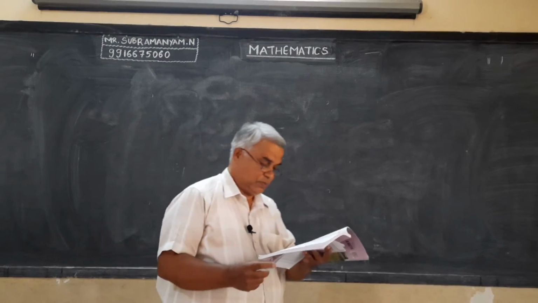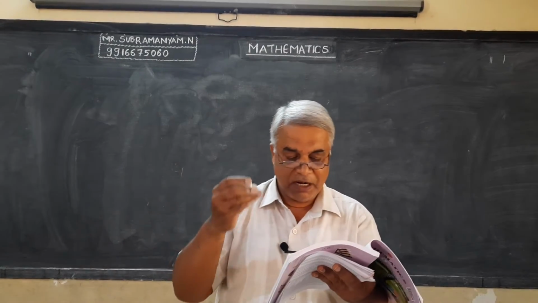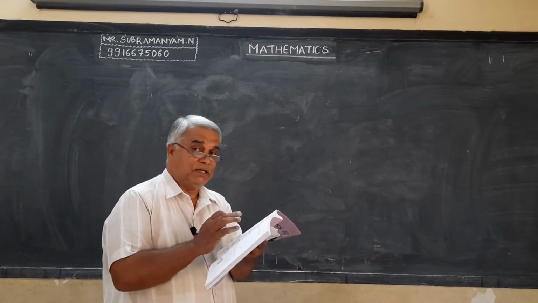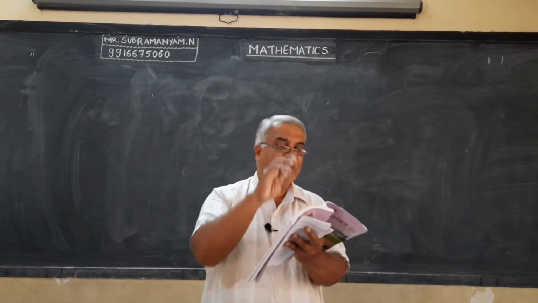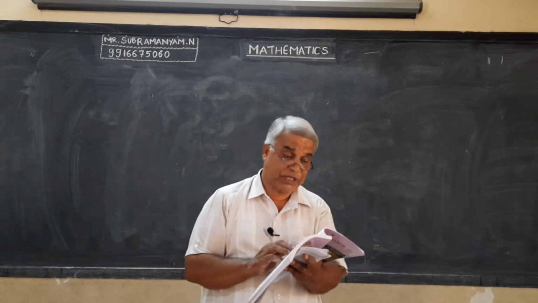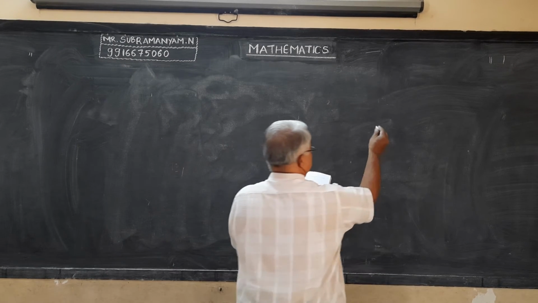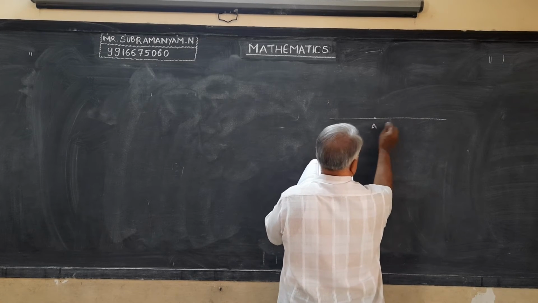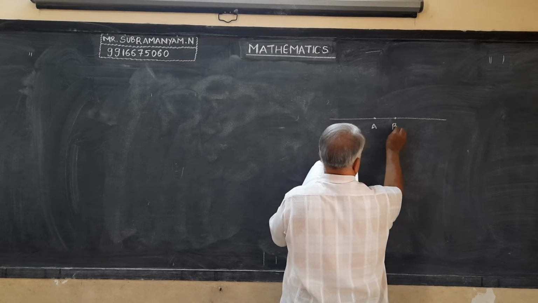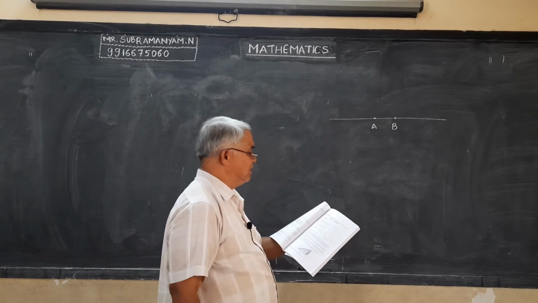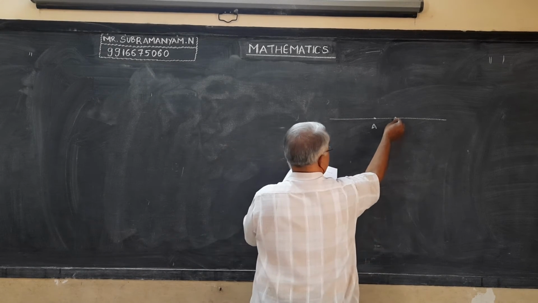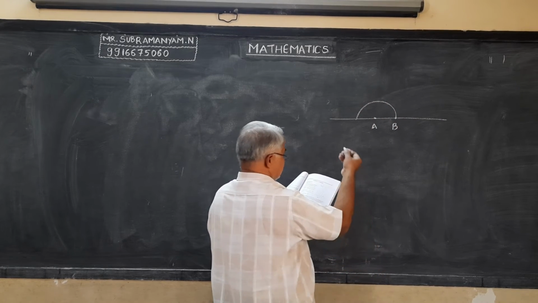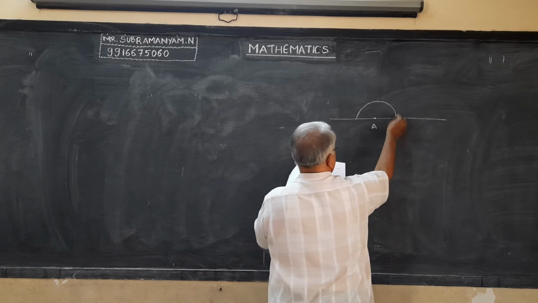A spiral is made of successive semicircles. The figure is given on the next page, figure 1.4, page number 22, you can check. So I will draw the figure here. This is the straight line. This is the point A and this is the point B. So from the point B, we draw a semicircle, and this will continue like this.